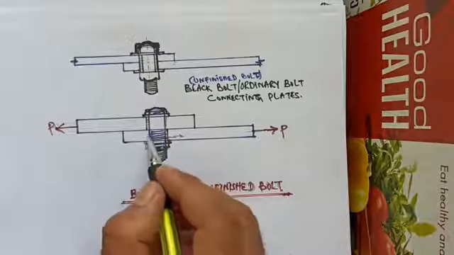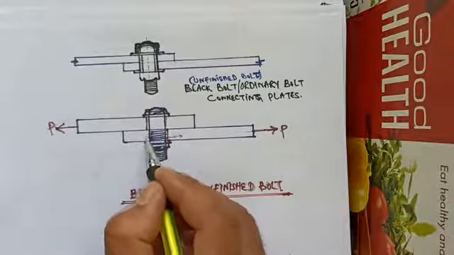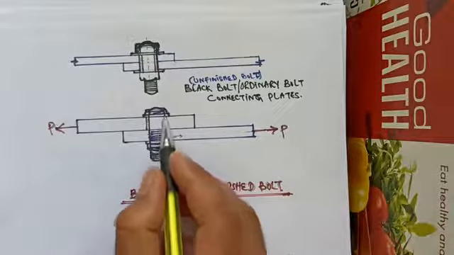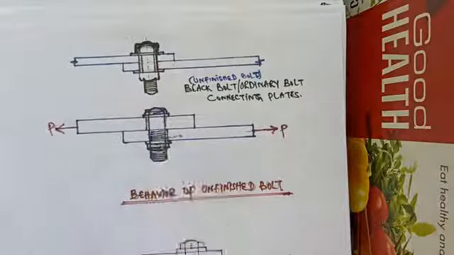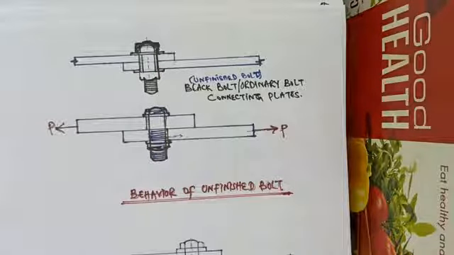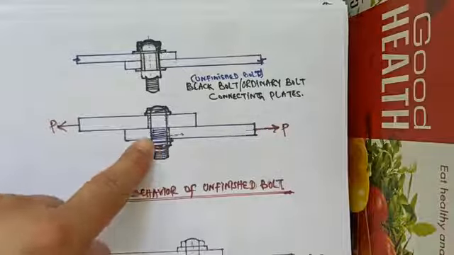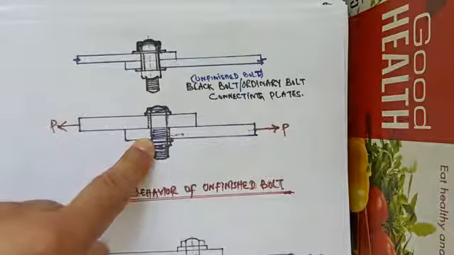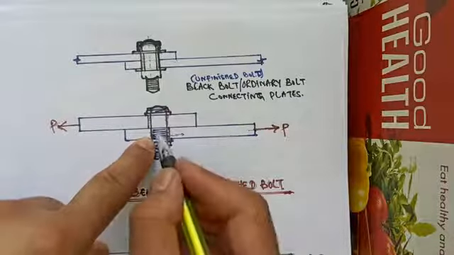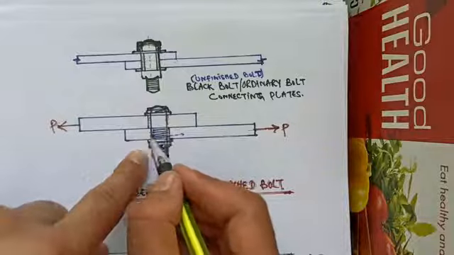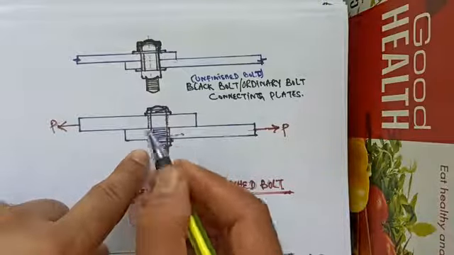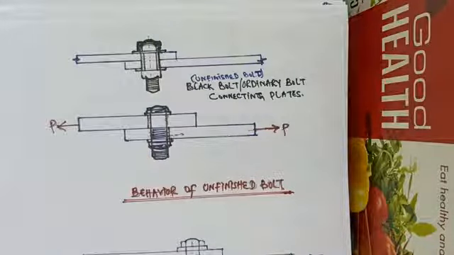So the plate is bearing on the bolt here and the plate is bearing on the bolt here. The load is thus transmitted by bearing on the bolt and shear in its shank. So there is bearing on the bolt as well as the development of shear in its shank.